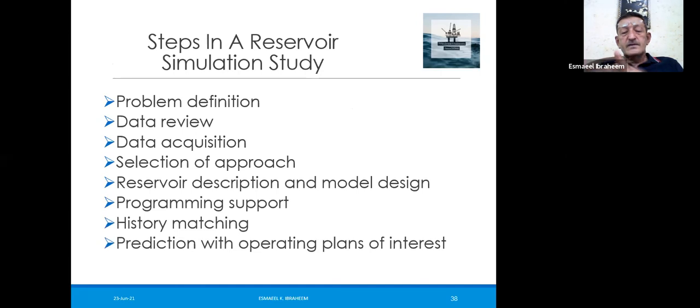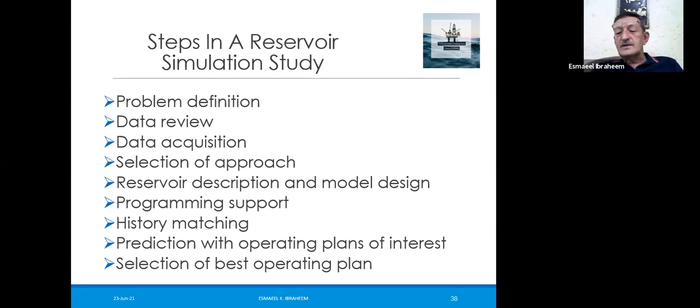Here is the reservoir simulation study. You have a problem definition, data review, data acquisition, selection of approach, reservoir description and model design, programming support and history matching. Then you have prediction with operating plans of interest. And the last one, selection of the best operating plan, which is the economical one.